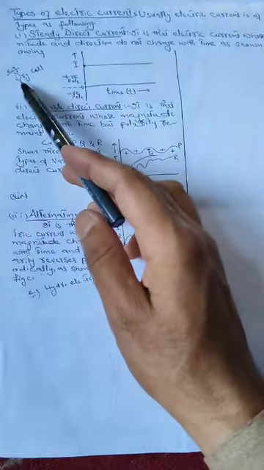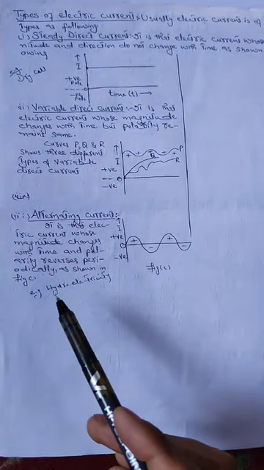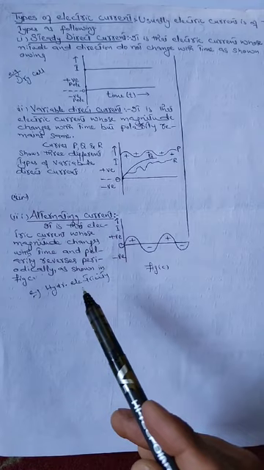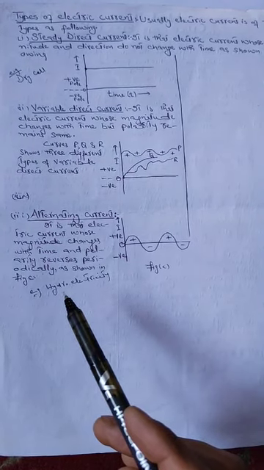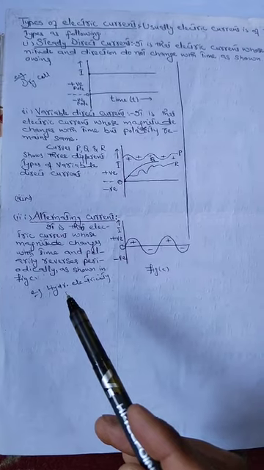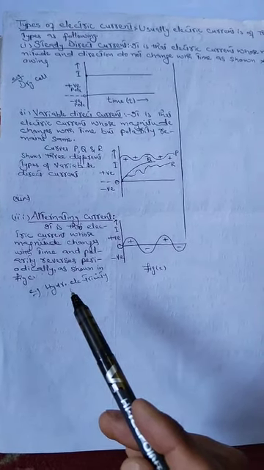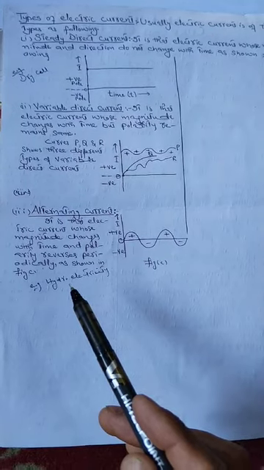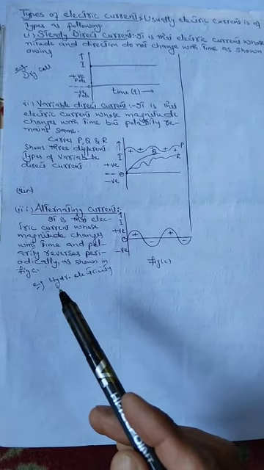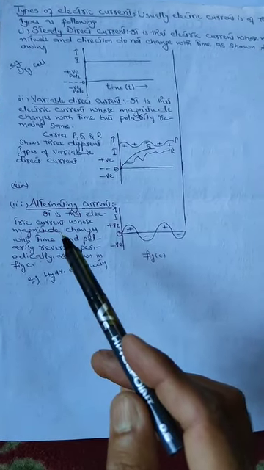So the dry cell is the example for steady direct current, and here is hydroelectricity. Let me repeat, it is the current which we use for domestic purposes, in our houses. It is produced from the fall of water, so we call it hydroelectricity. It's an example of alternating current.